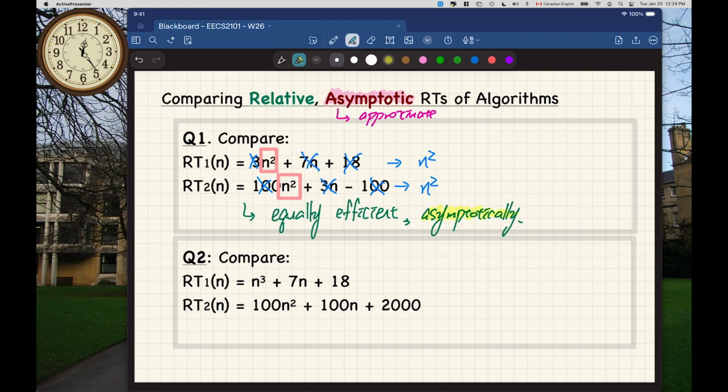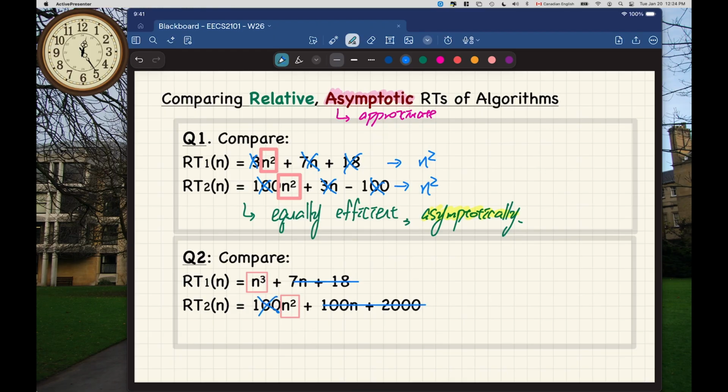Okay, one more example here. This one, highest term, cubic. Here, highest term, n squared. Straightforward. For this one, this will be the highest term, and this will be the highest term. Apart from that, drop everything else. You can drop all the lower terms and drop the multiplicative constant.